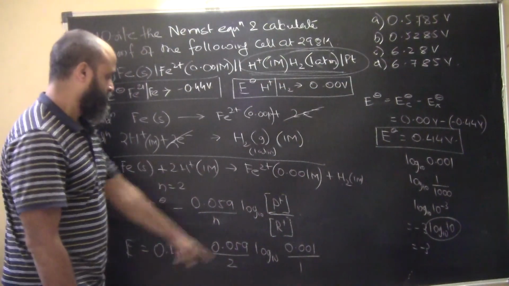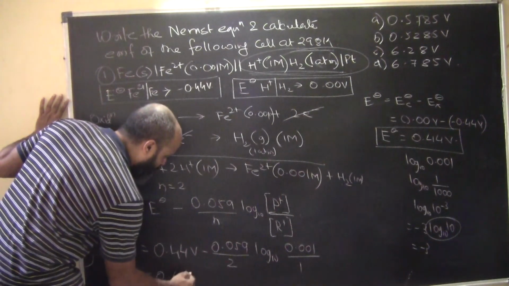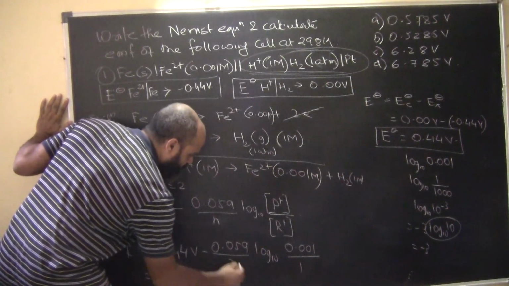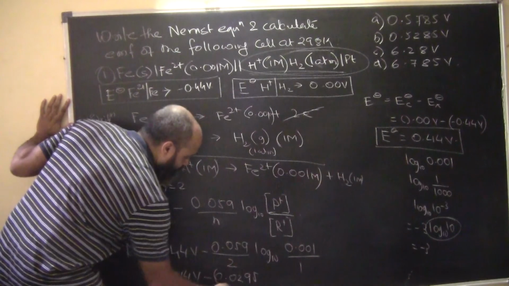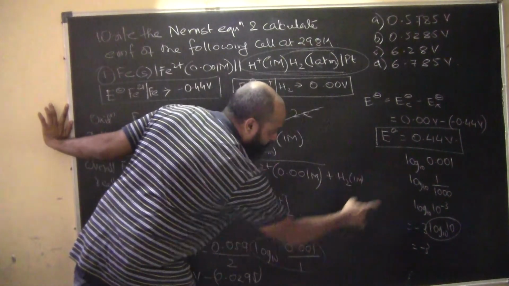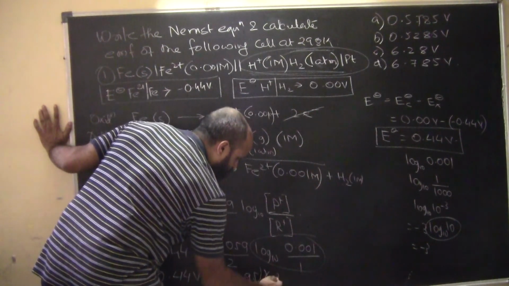So here we have 0.44 volts minus 0.059 upon 2, into this part, which as we have already calculated is minus 3. So this will be into minus 3.